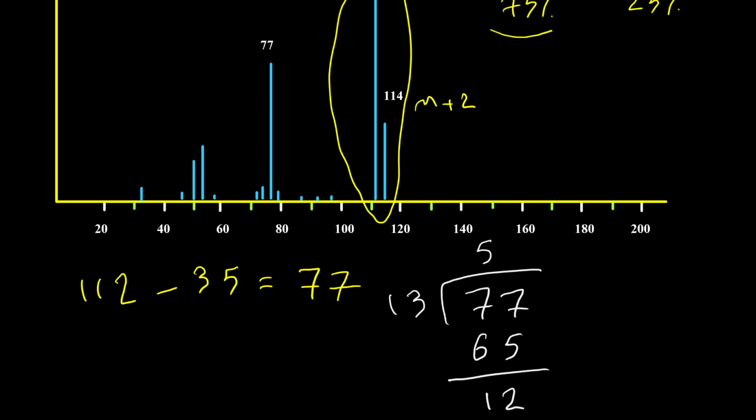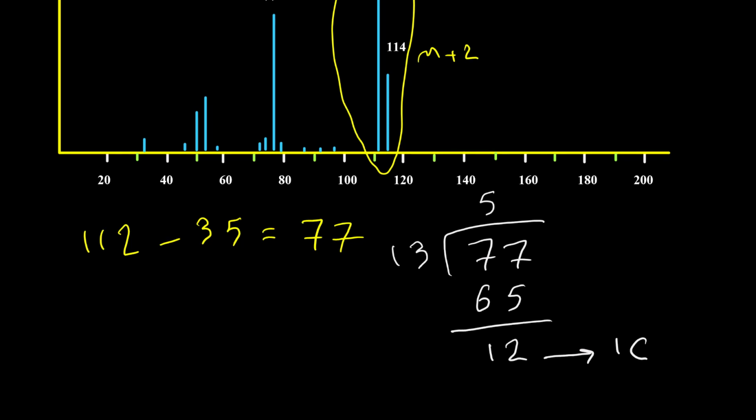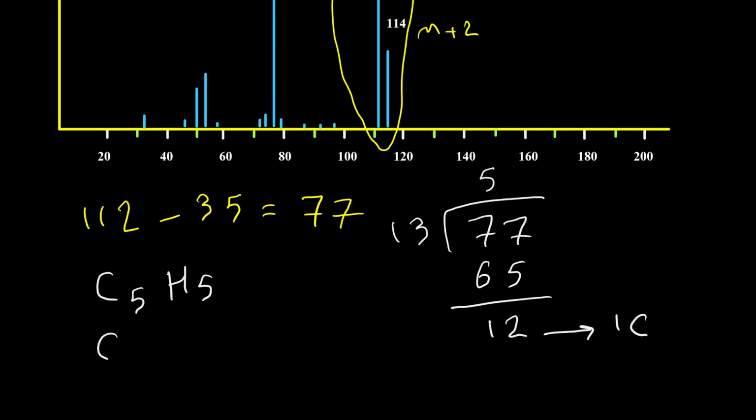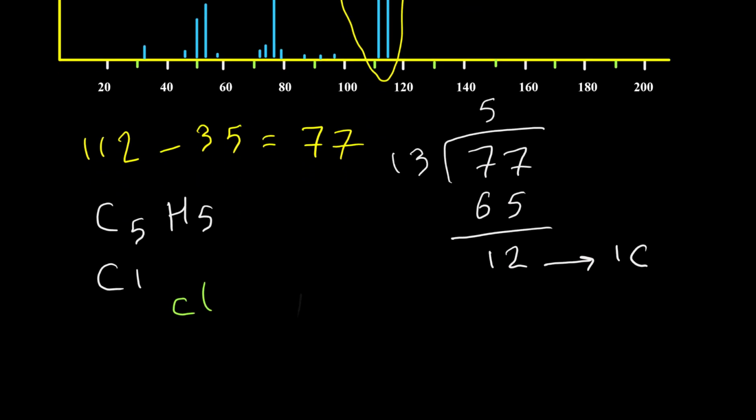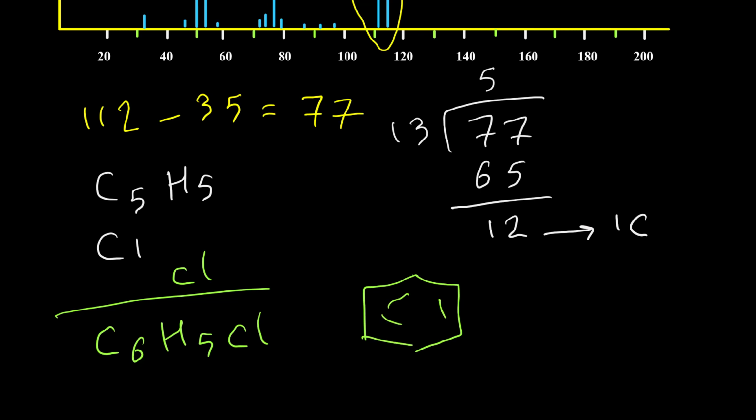This example is like the first example for bromine, and we know for 77 we cannot have 12 hydrogen. So this 12 belongs to one carbon. So from the quotient we have C5H5. From the remainder we have another carbon. And of course this compound has one chlorine. So the compound formula is C6H5Cl, and it belongs to chlorobenzene.